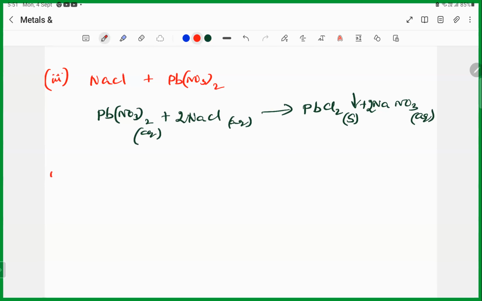The fifth question. Write the chemical equation with an example for the following change. Number 1, change in color. For the change in color, if you take iron and copper sulfate.